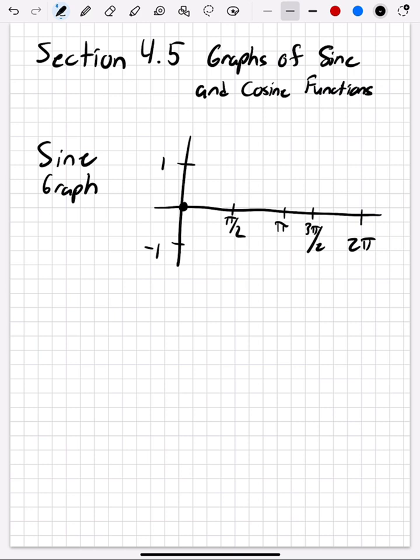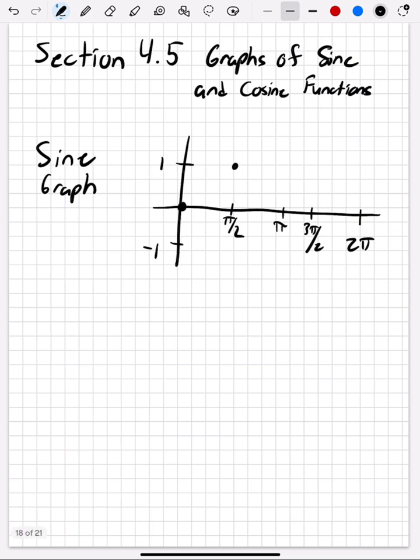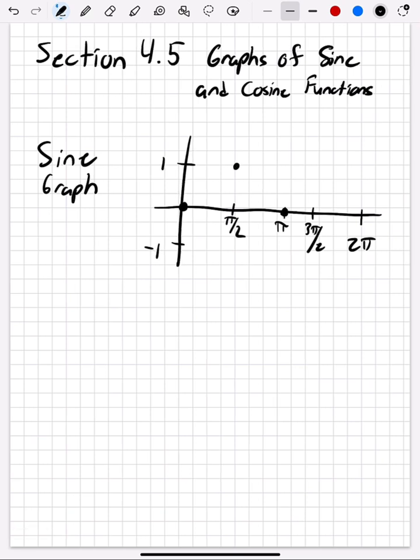And so the sine function does something like this. Okay. So that's the basic sine function. And the sine function has a period of 2 pi.